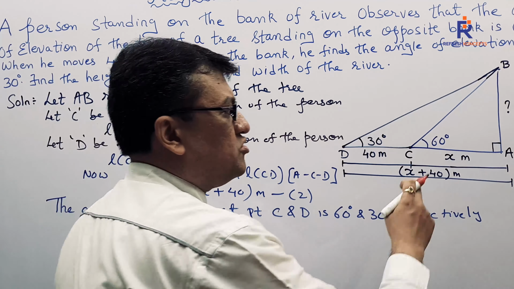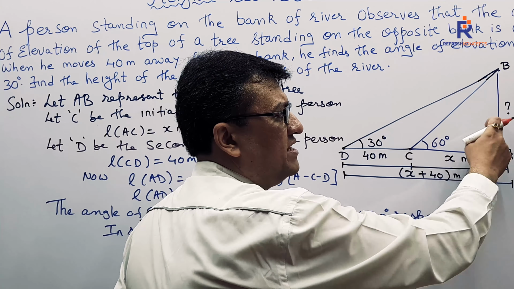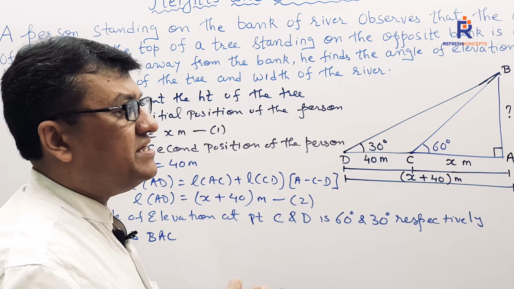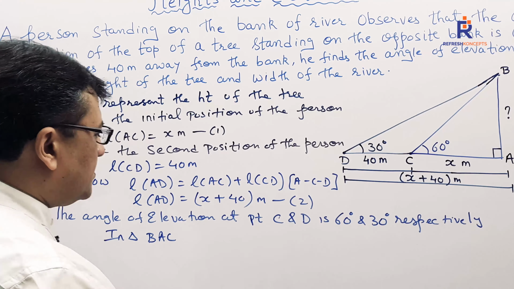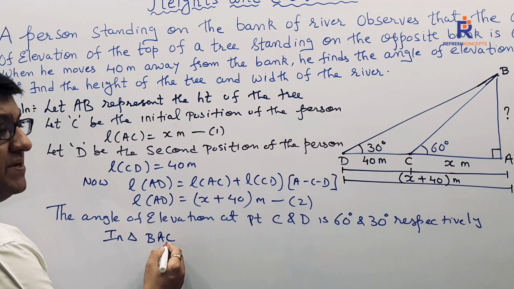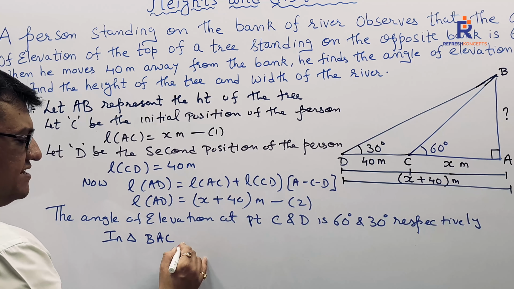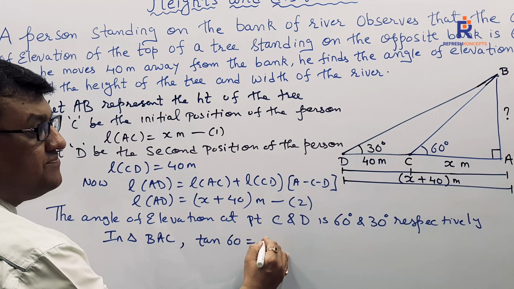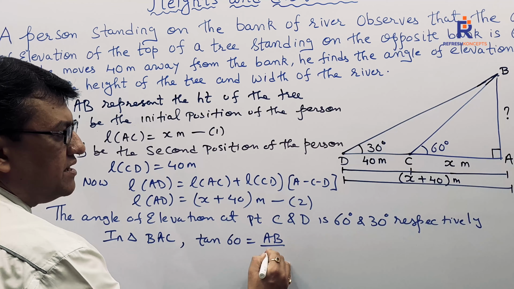What am I supposed to find out? Opposite. What is given to me is adjacent. Can I go for tan? So in triangle BAC, tan 60 is AB by AC.